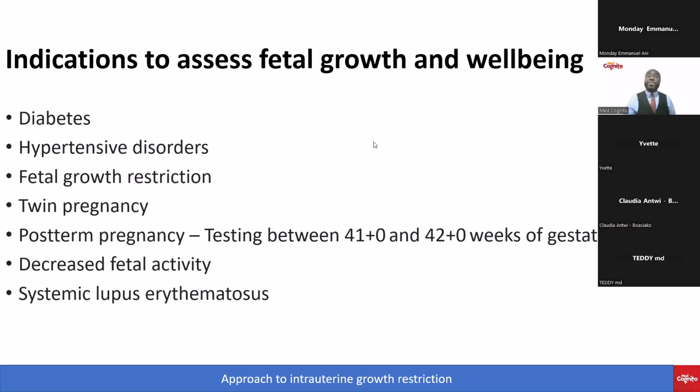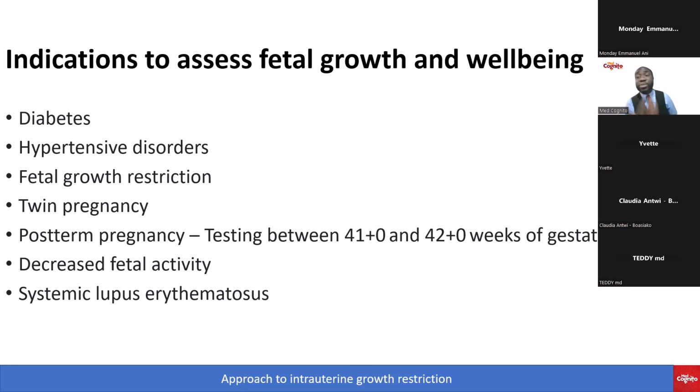Okay. Now, what are the indications to assess fetal growth and well-being? Number one, diabetes in the mother. Number two, the mother has hypertensive disorders. Number three, fetal growth restriction, right? Number four, twin pregnancy, because we said twin pregnancy can predispose to preeclampsia.